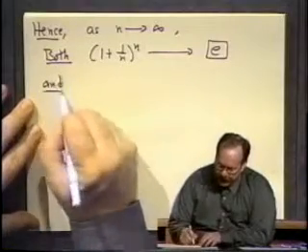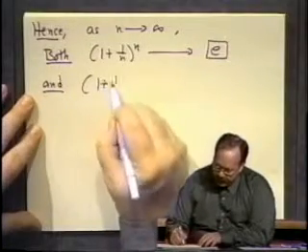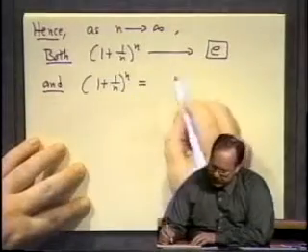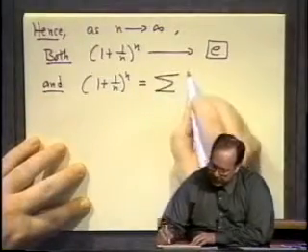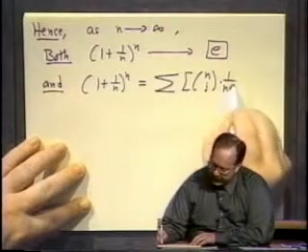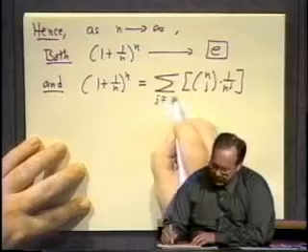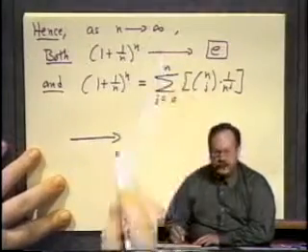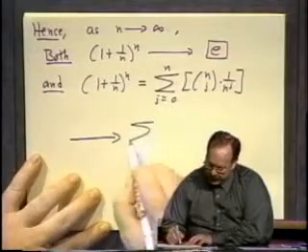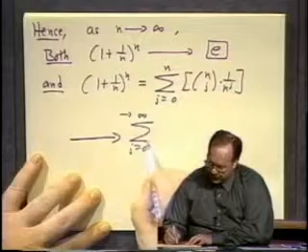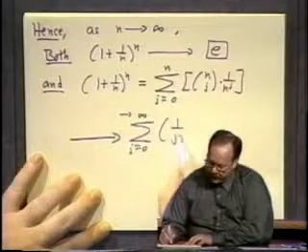And now we know that 1 plus 1 over n to the n, which can be written as the sum of the n choose j's times 1 over n to the j's, where j goes from 0 to n, under n going to infinity itself goes to the sum of j equals 0 to infinity of the 1 over j factorials.